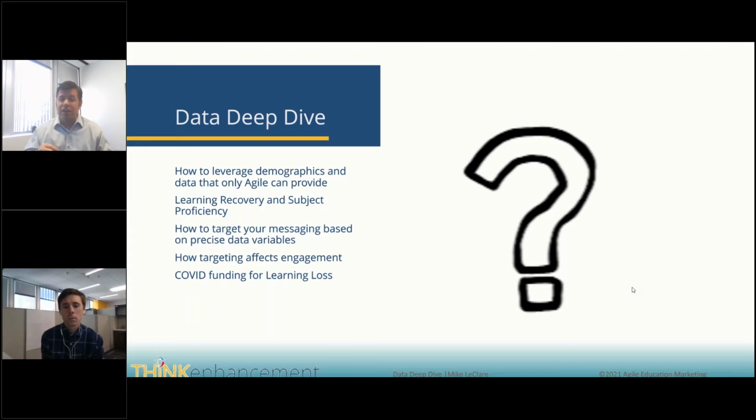ESSA was an evolution of No Child Left Behind that deals with the Elementary and Secondary Education Act, and it is called the Every Student Succeeds Act. So there's funding associated with that. ESSER funding, in particular ESSER 3, was the one that was the American Rescue Plan. It was released back in March, and that stands for the Elementary and Secondary School Emergency Relief Fund. I know there's a lot of different acronyms in there. Great, thank you so much.